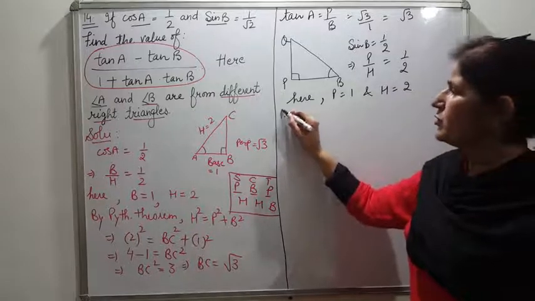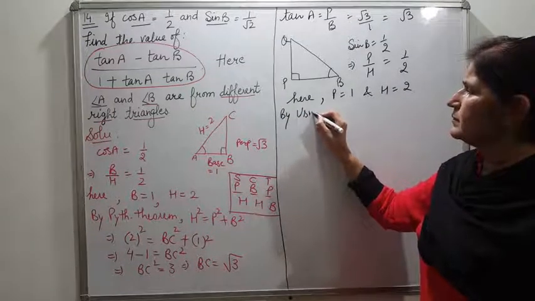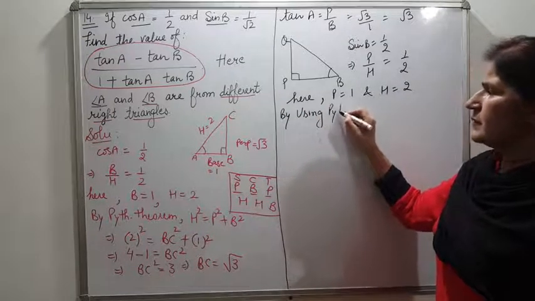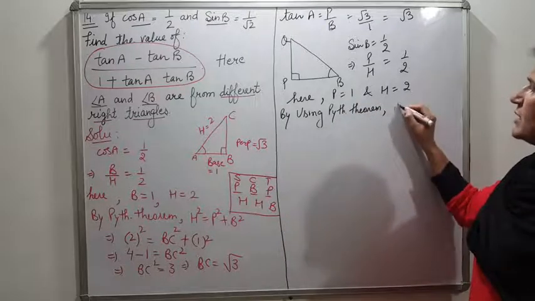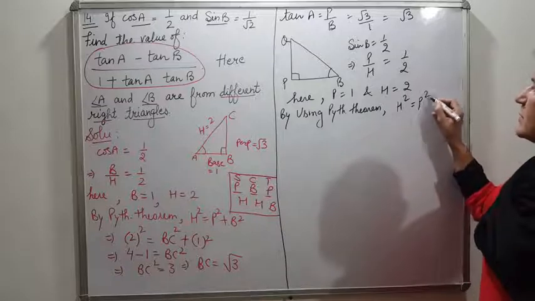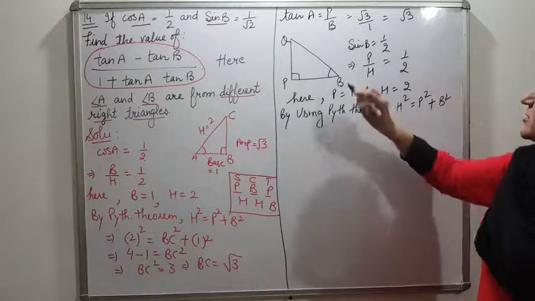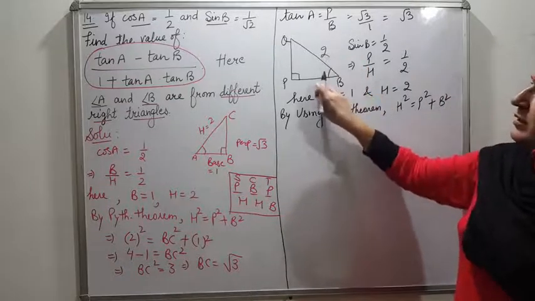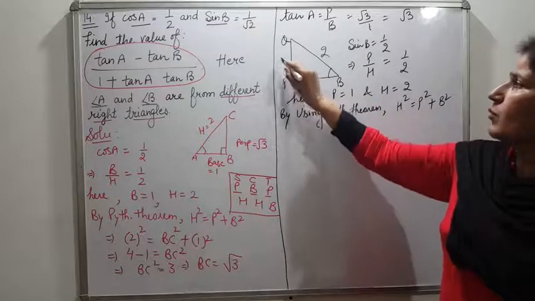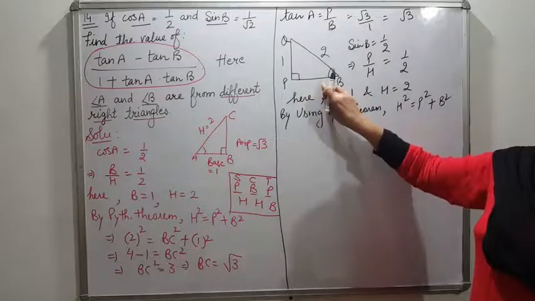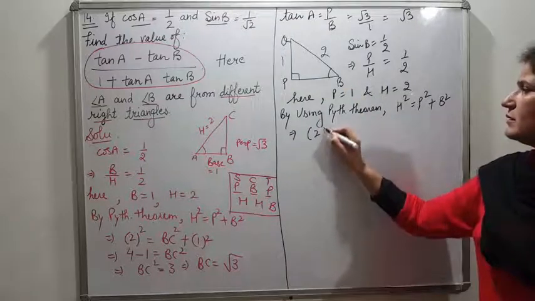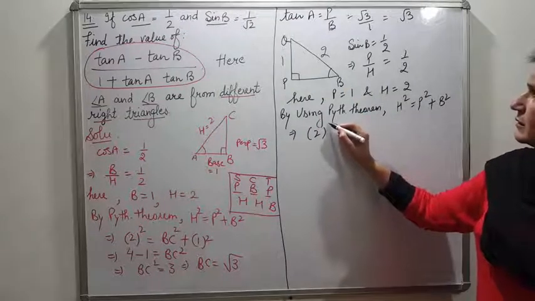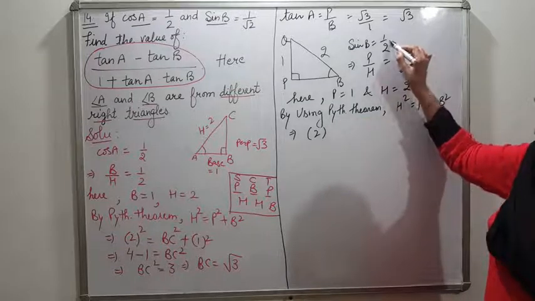By using Pythagoras theorem, now what is in Pythagoras theorem? H square equals p square plus b square. Here h is 2. Perpendicular opposite to base, it is 1. This base you have to find. That means 2 square, so it is square root 2.